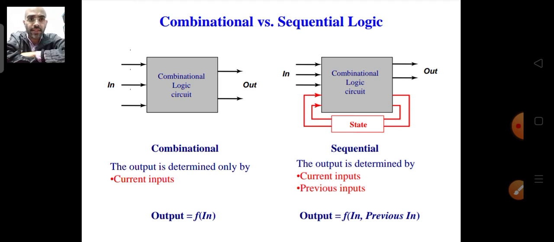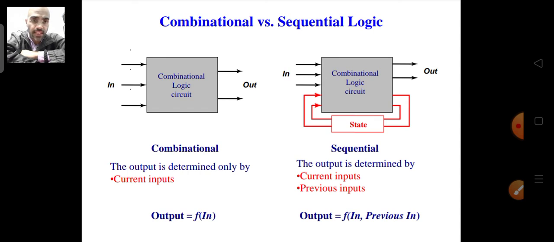Whereas sequential circuits are circuits in which the output depends not only upon the present inputs but also on the previous inputs. So the output is fed back, and it has some memory element as well, and then it becomes a sequential circuit.